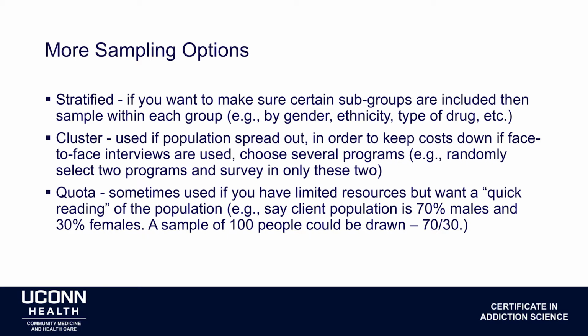And finally, you sometimes need to do a reading of your population in terms of the actual proportion of males and females, or African Americans and Latinos who are coming into your program. If you know that proportion, you can select accordingly, in order to get a balanced quota from your different ethnic groups.